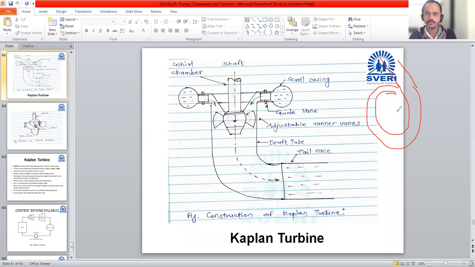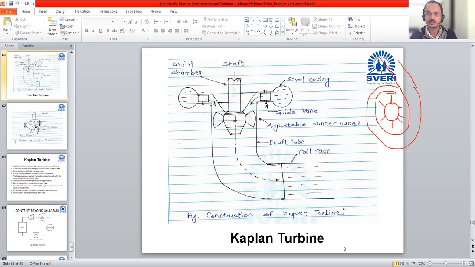Okay, this one is the top view. So here this runner means Kaplan turbine is mounted. Here we have vanes, but vanes are not like that. Vanes are mounted with some angle. So here this one is the scroll casing.